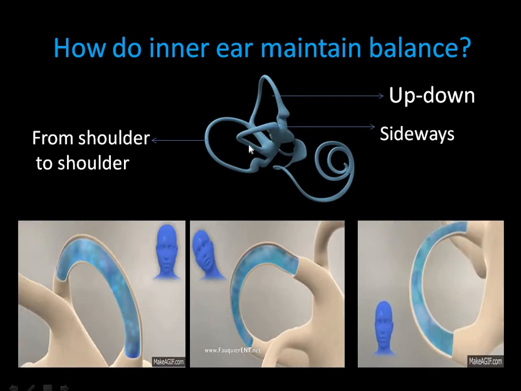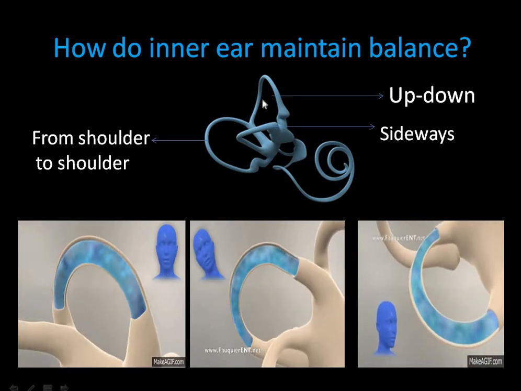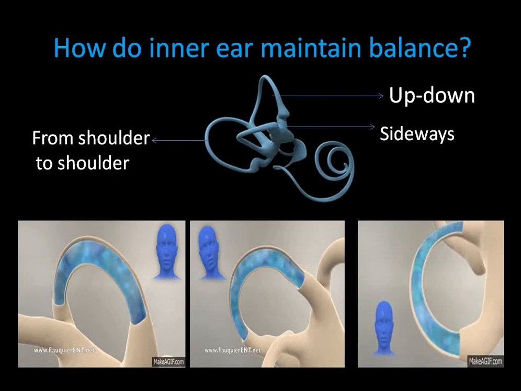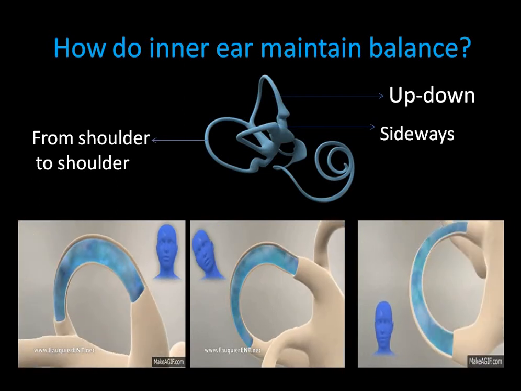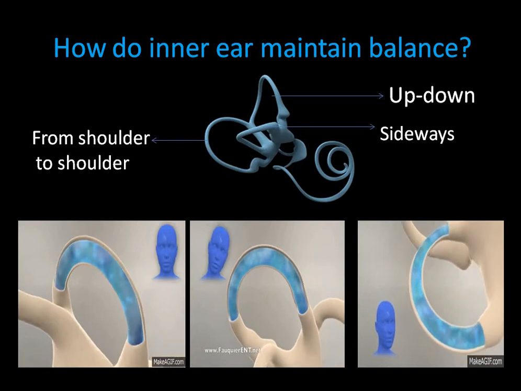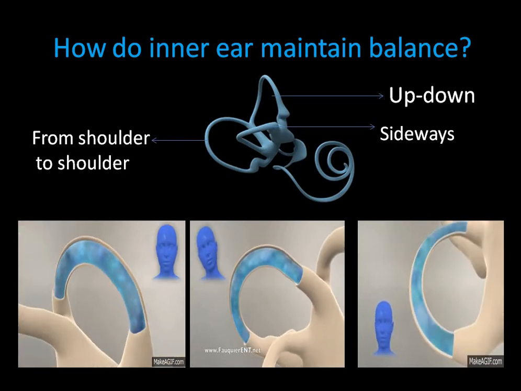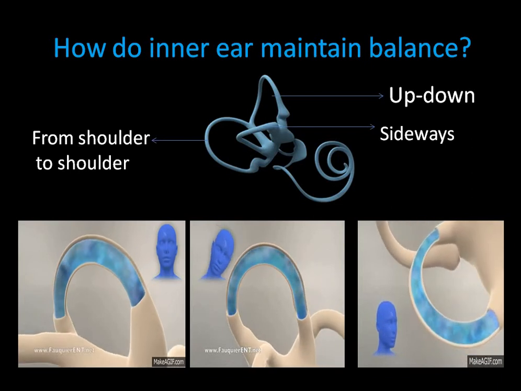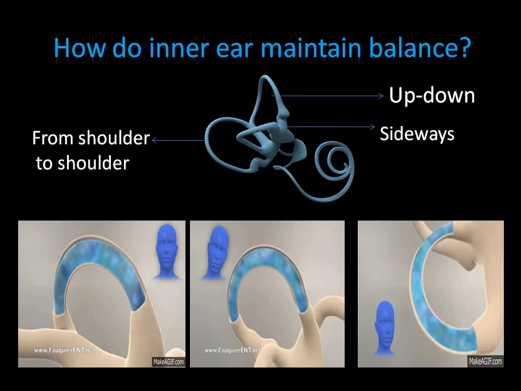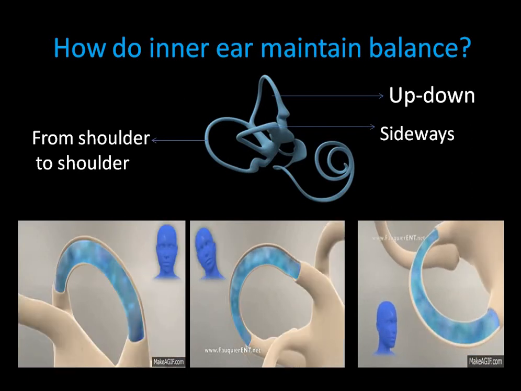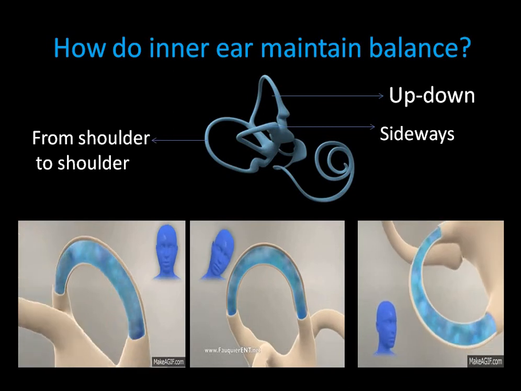So ultimately, in all three directions, whenever you move your head, the inner ear will try to maintain the balance of your body. If you remember, on a swing or a slide, when you get down from the slide, your head is shaking and you are not able to maintain your balance.